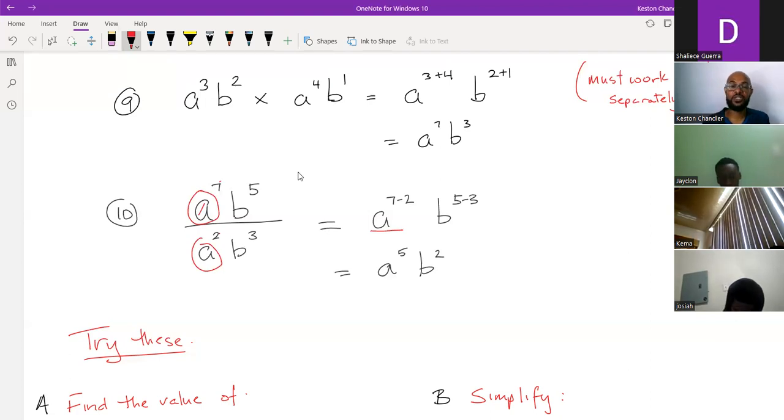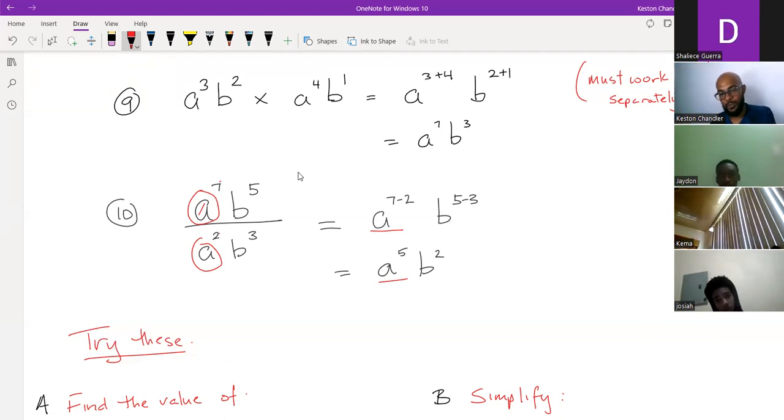So what I tell students is to do each letter separately. So you match them. You look for letters that are similar. So I have a to the power 7 divided by a to the power of 2. Since those two bases are the same, I can just subtract my power 7, take away 2, and that is going to give me a to the power of 5. And then for the b's now, the b's are the same. So I have b to the power of 5 divided by b to the power of 3.